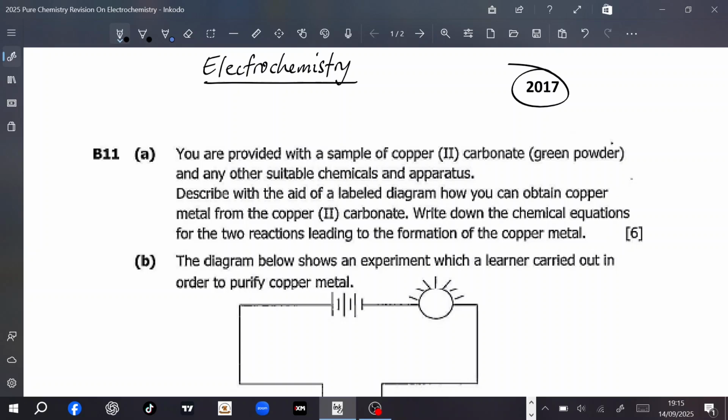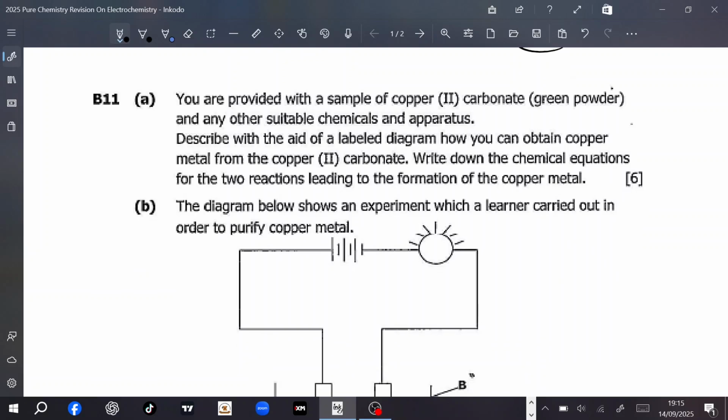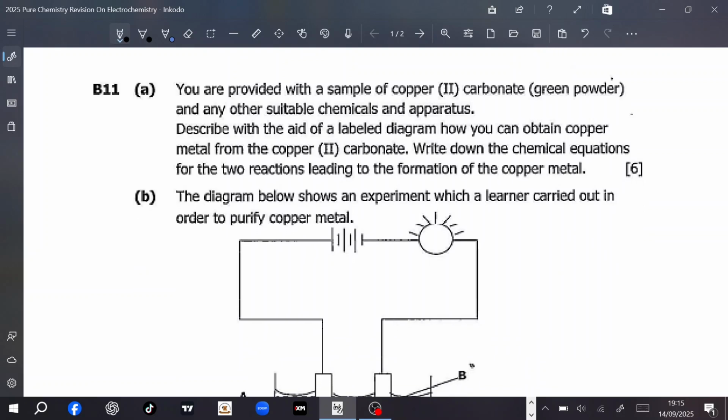Okay, so this one is just an application question which wants you to apply different types of reactions like reduction reaction, decomposition reaction. So this is what this question is coming to test you about.